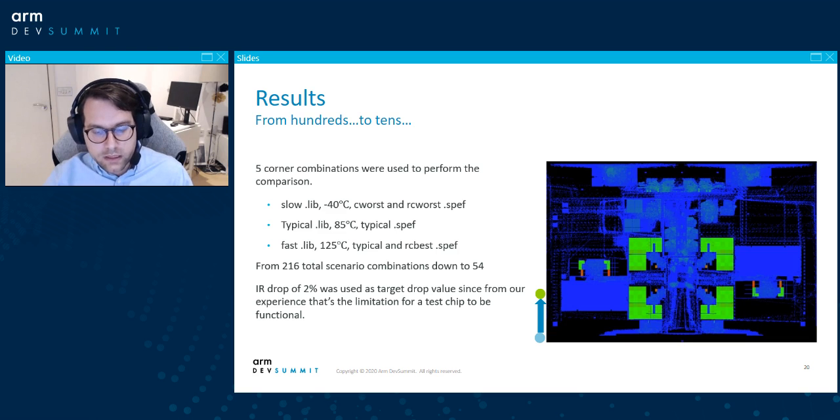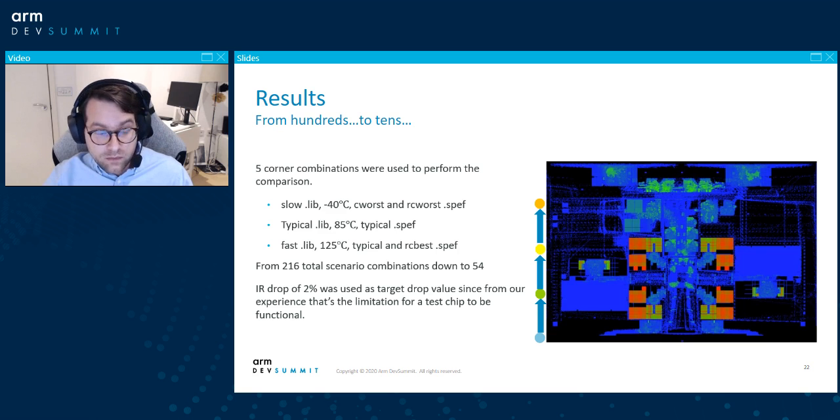You can already see that some blue regions before became a bit more green now. So this one is a bit worse, as you can see. The blue areas become more green, the green more greener, some green areas start to become orange. So this is the typical, 85 Celsius with typical extraction corner.